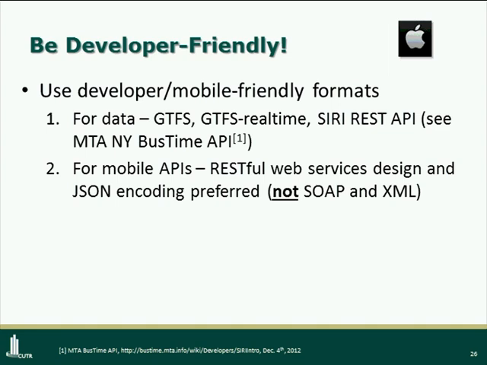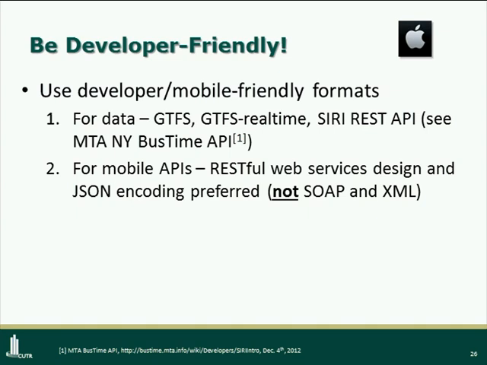And one final note on being developer friendly here, you want to use the developer or mobile friendly data formats. And so for data, this involves the formats that we talked about earlier in the concept of the transit data architecture. So GTFS for static data, GTFS-realtime, and then the SIRI REST API, which MTA has used in their BusTime API.